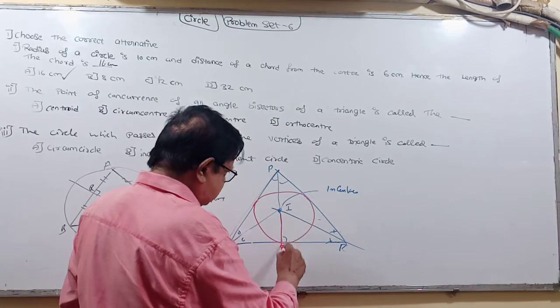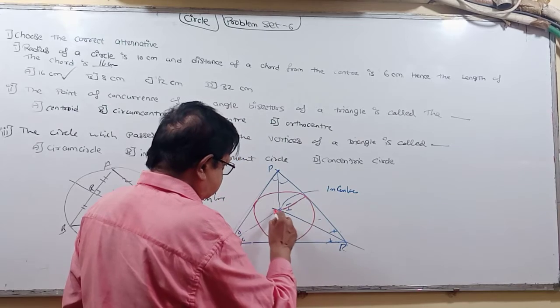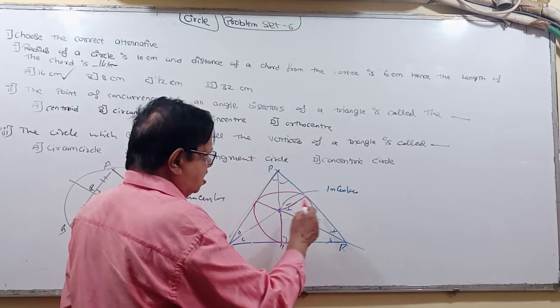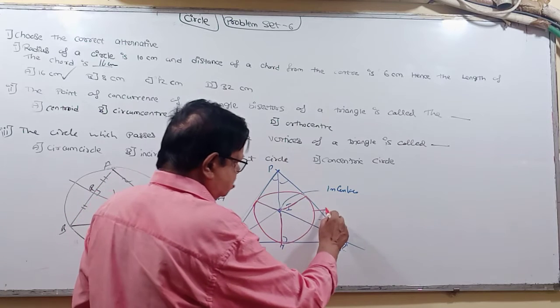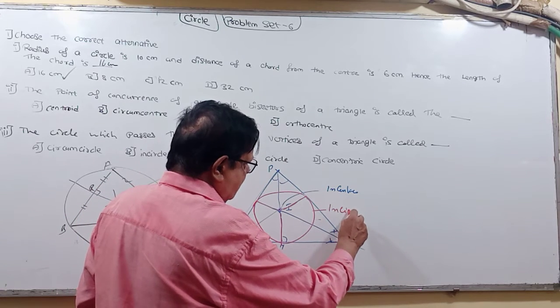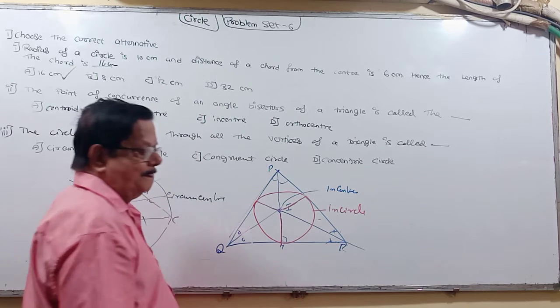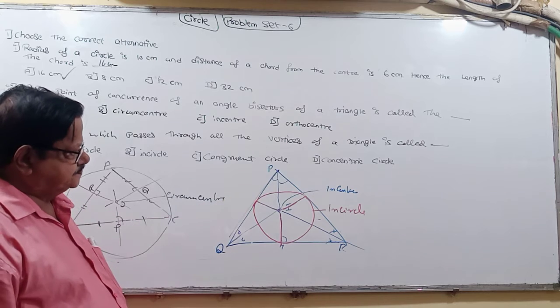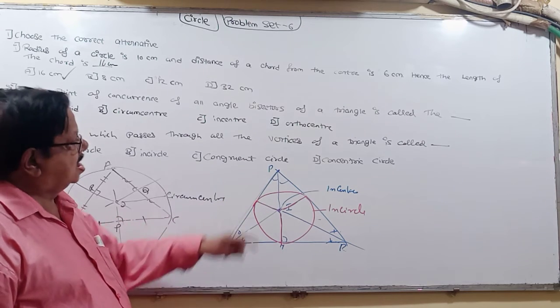That means this distance is equal to this distance is equal to this distance. This center is called the incenter and this circle is called the incircle. Now we know incircle and incenter. This will touch all the sides.